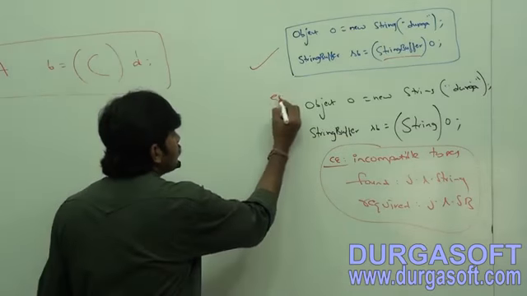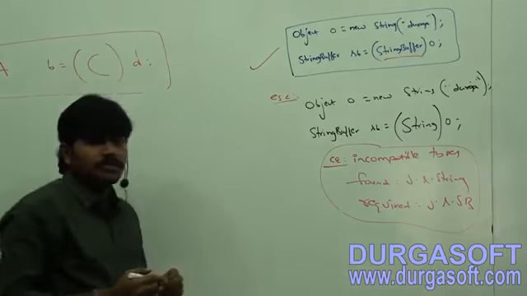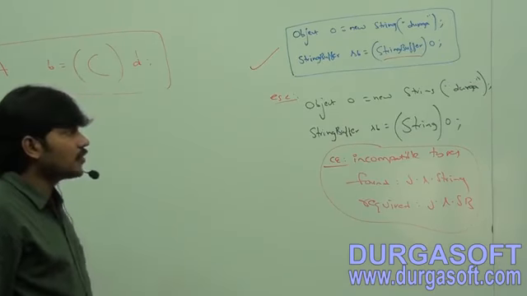Object O is equal to new String of Durga.